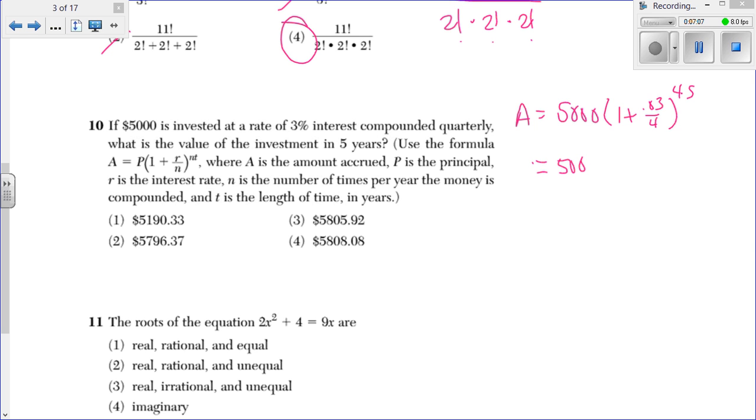So 5,000 times 1 plus 0.03 divided by 4 is 0.0075.